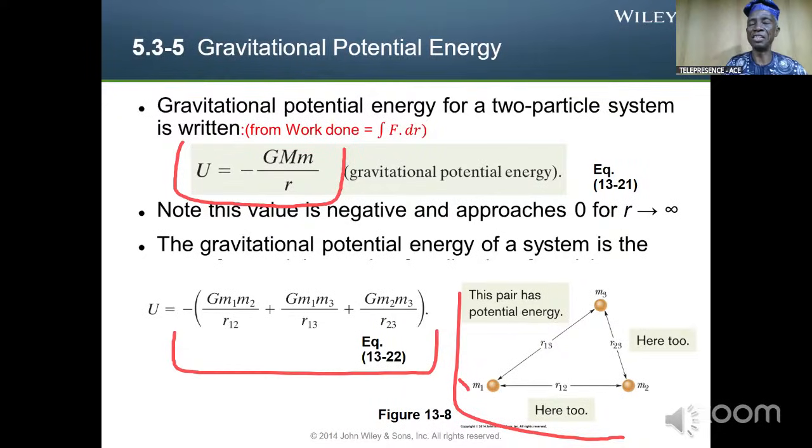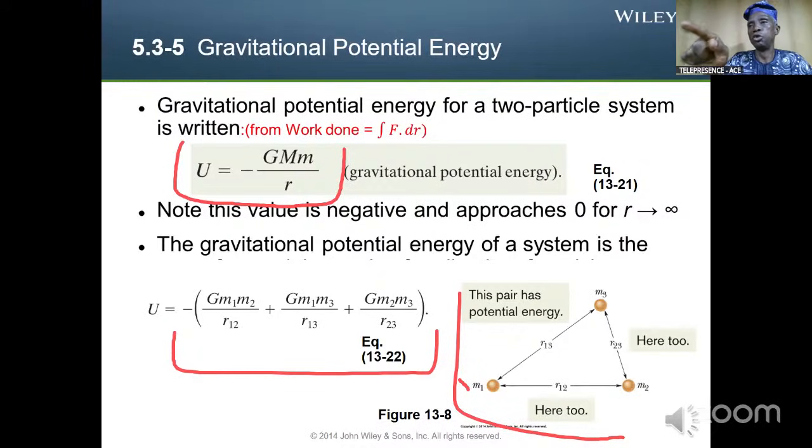The second point is this, and this is important for practical application. If you want to remove one of the particles from that system, you want to dismantle the system, so you have a 2-particle system and you want to dismantle it, how much energy will you need to put in? That is the question. You need to put in energy that equals that potential energy.